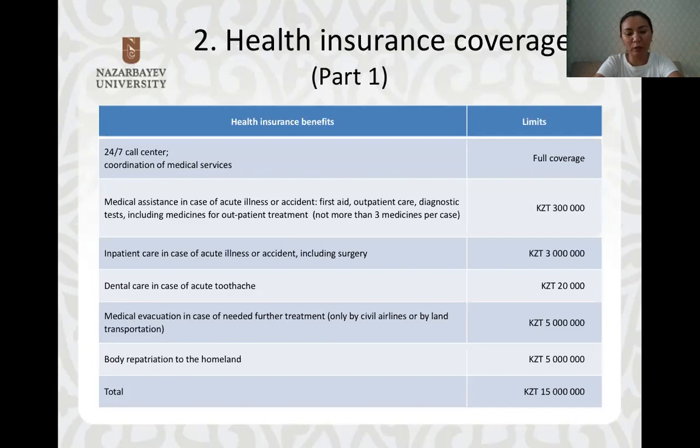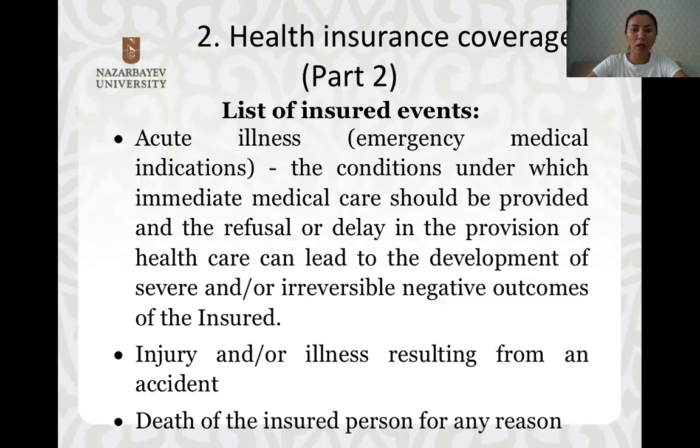And if you have chronic conditions, please bring your prescriptions, notes, and so on, so we could help you. How it works: the health insurance coverage works if the illness is in progress, it's acute, and we need to help you in order to prevent the severeness or irreversible negative outcomes. And then we also cover injury and death.